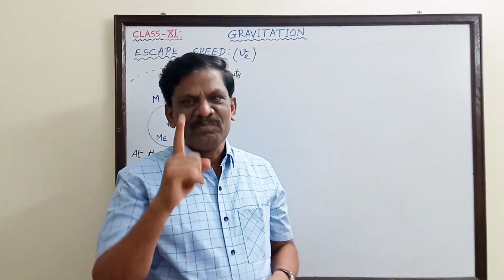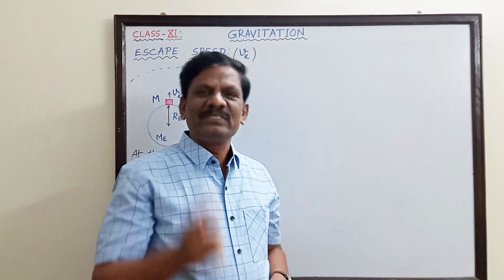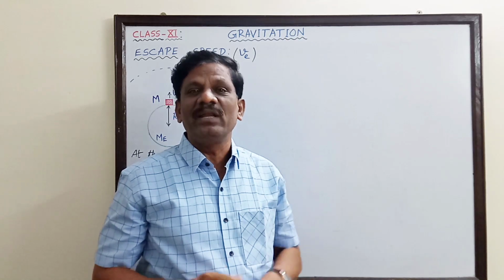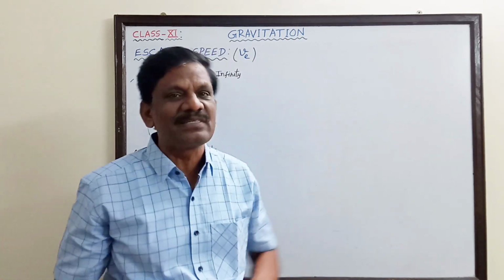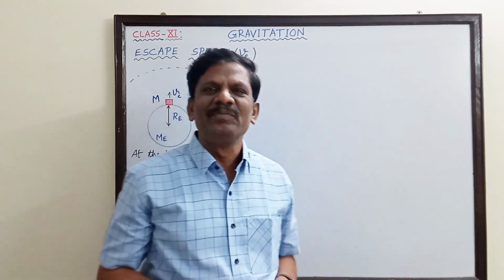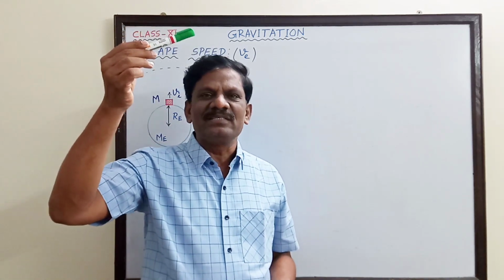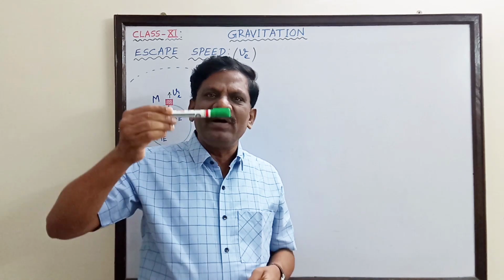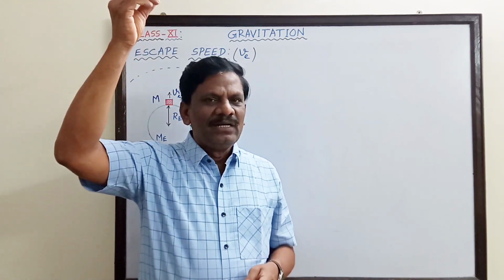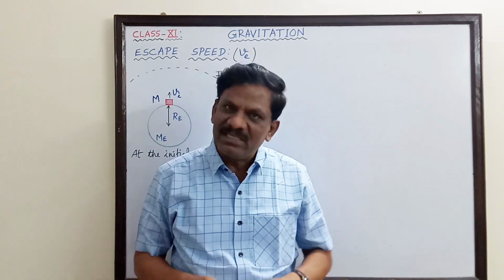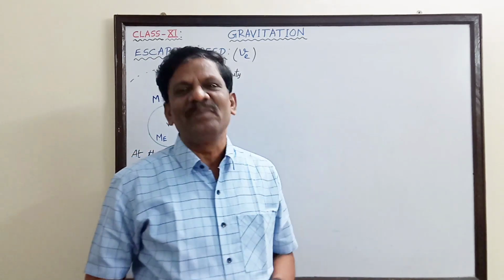But from the Earth, if you project any object in the upward direction with a very high velocity of about 11,200 meters per second, that is 11.2 kilometers per second, it will go higher and higher, and it will escape out of the gravitational influence of the Earth and it will never return back.